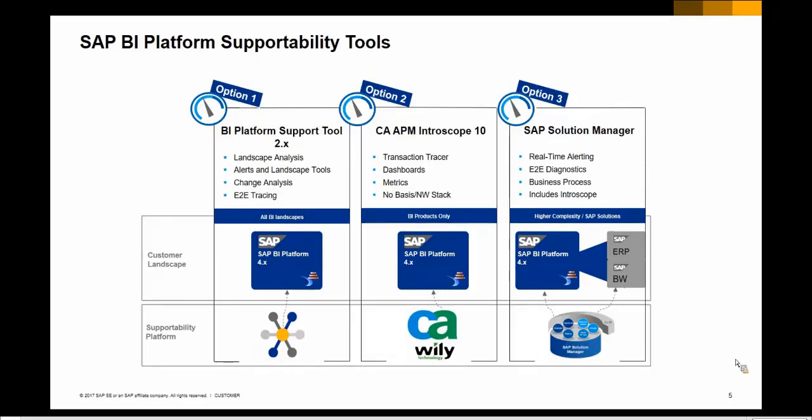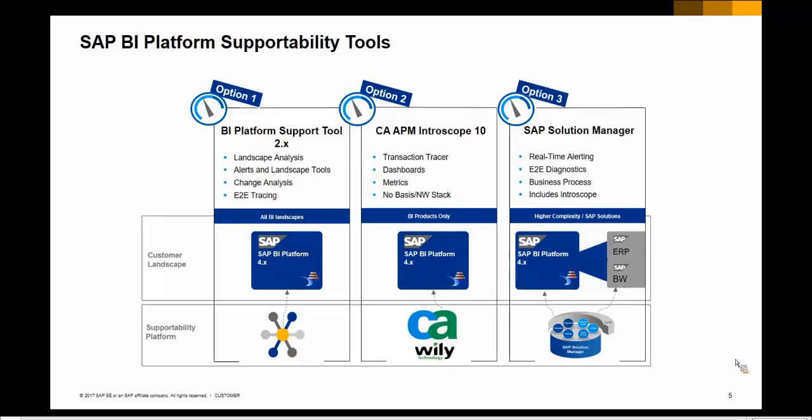And the platform support tool provides a landscape analysis and alerting, a toolbox with various tools to help troubleshooting and also to make administration easier. We provide a change analysis feature so you can tell what's changed in your environment over time. And then also tools regarding end-to-end tracing to make that process a lot easier.